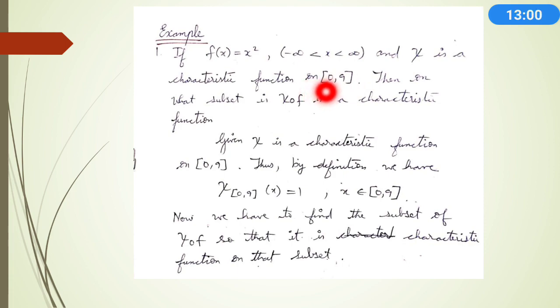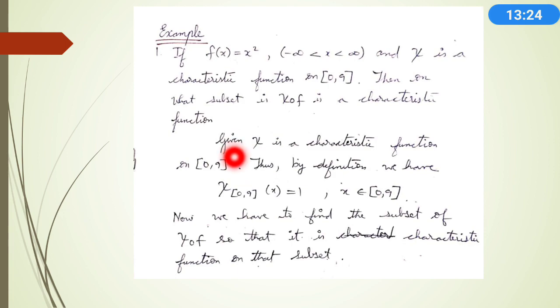Closed interval means you have to include the extreme values as well as the in between values. Now here I have to include 0, 1, 2, 3 up to 9, all the elements between 0 and 9 including 0 and 9. Then on what subset is psi composition f a characteristic function?